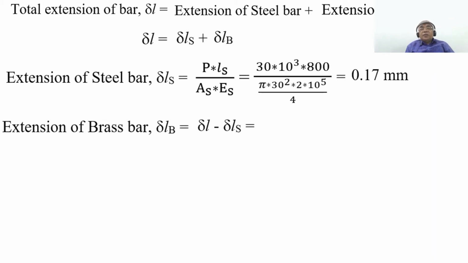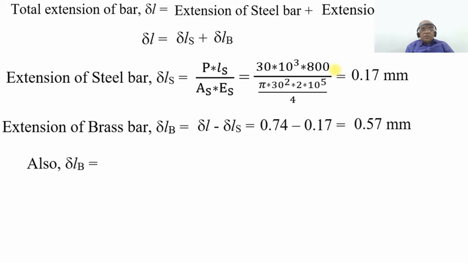Taking the extension of the steel bar to the left hand side, the extension of the brass bar delta LB will be equal to delta L, the total extension of the bar, minus delta LS. Delta L is 0.74 minus delta LS, substituting the value of delta LS as 0.17, which has been calculated here. On simplification, you will get that value as 0.57.